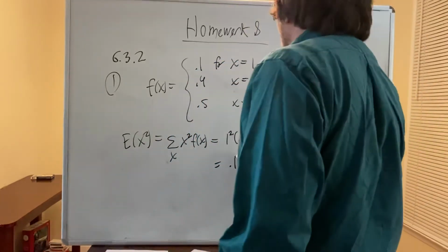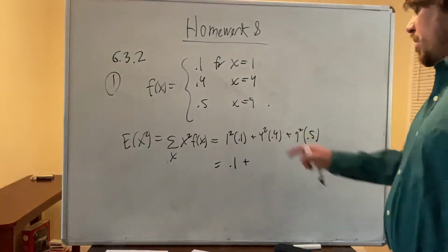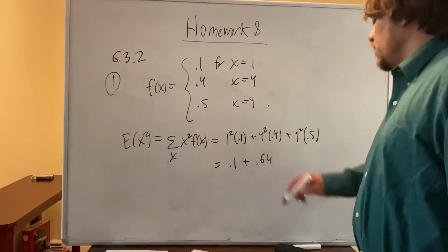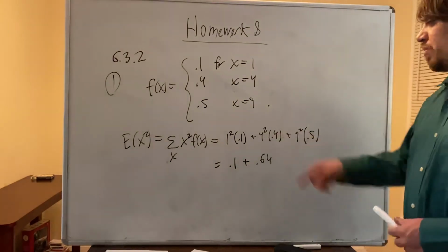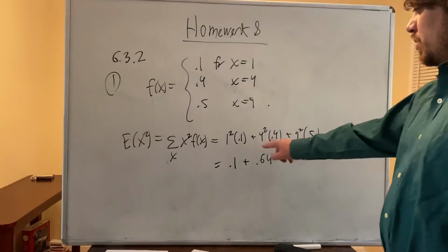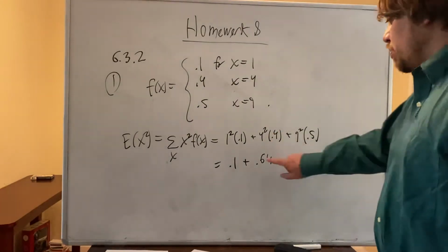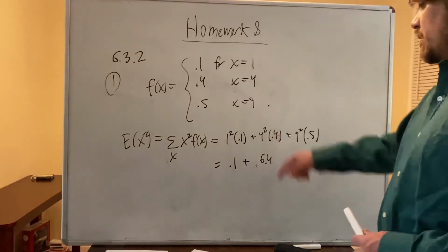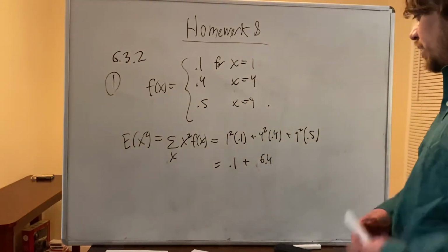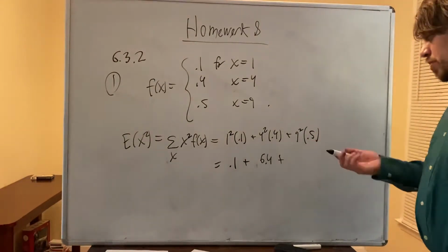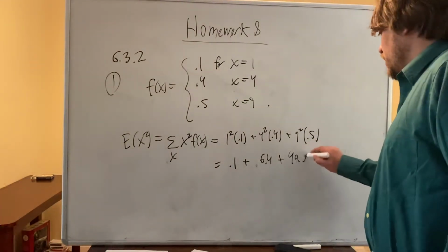So that's 0.1 plus 4 squared times 0.4, which is 16 times 0.4, which is 6.4, plus 9 squared times 0.5, that's 81 times 0.5, which is 40.5.